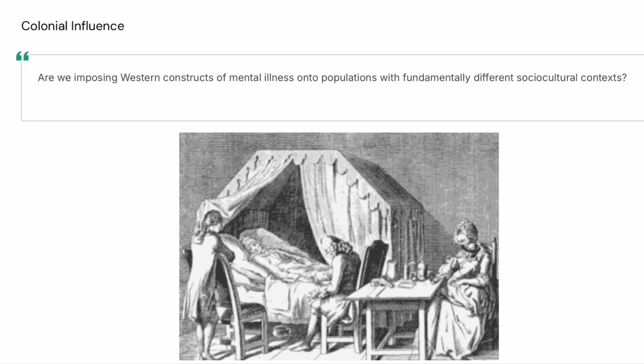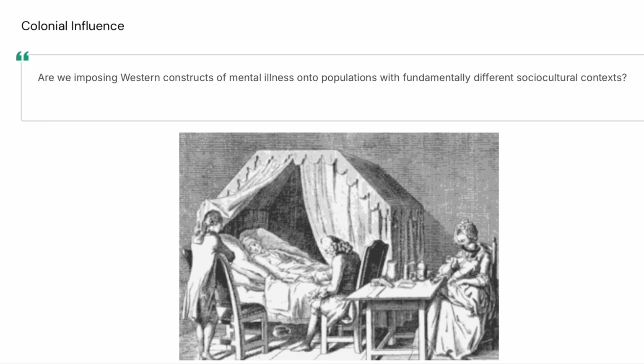If harmful restriction develops in this context, it may not be immediately recognized as a disorder. When Western diagnostic frameworks are applied without cultural understanding, we risk two outcomes. One, missing an eating disorder altogether, or two, misinterpreting cultural practices as pathology.